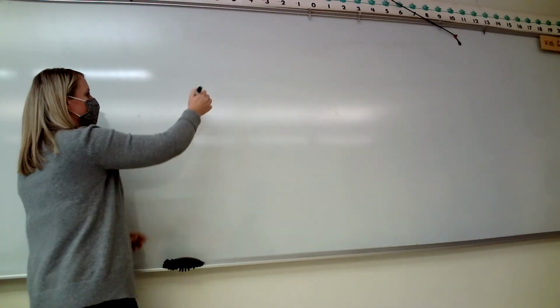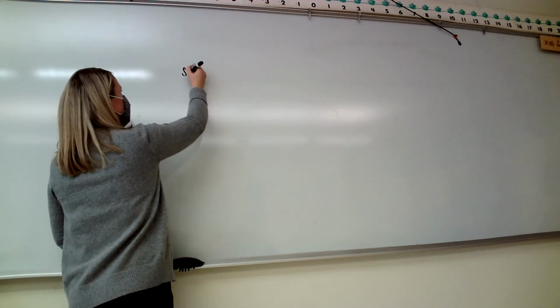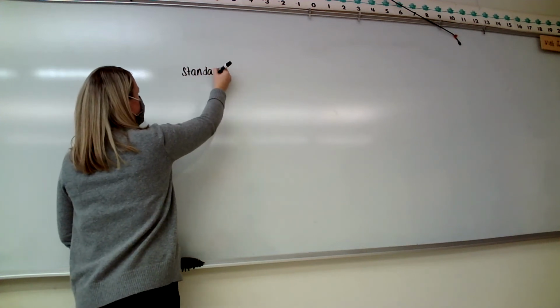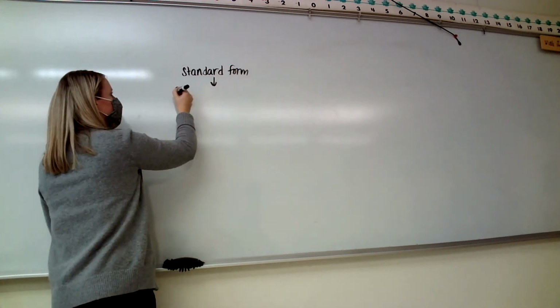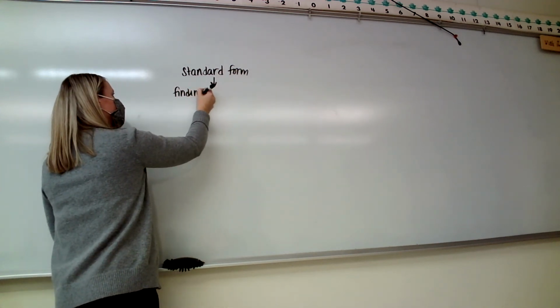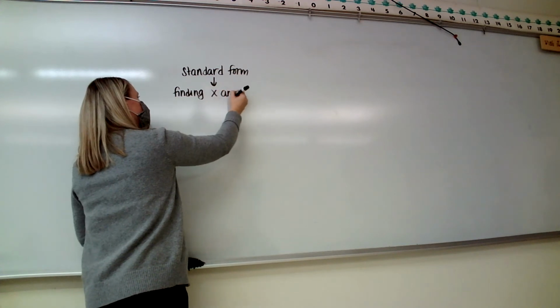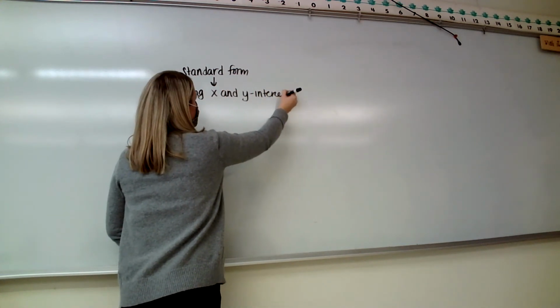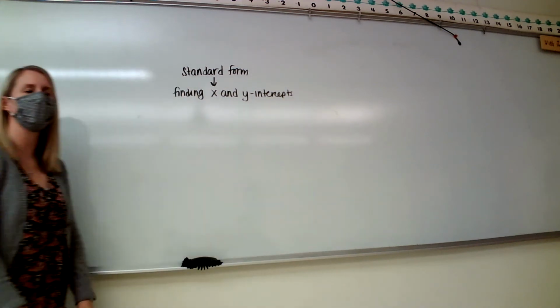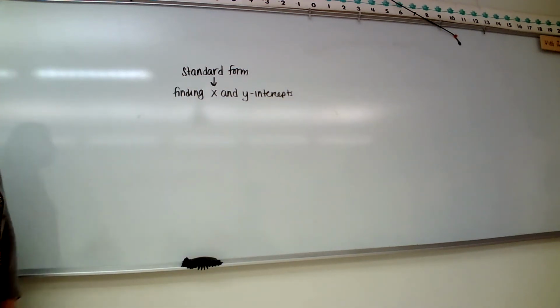So standard form is useful for one thing, and that is for finding x and y intercepts. So in a very quick manner, you can find them. So I'm going to do an example with you just to show you.